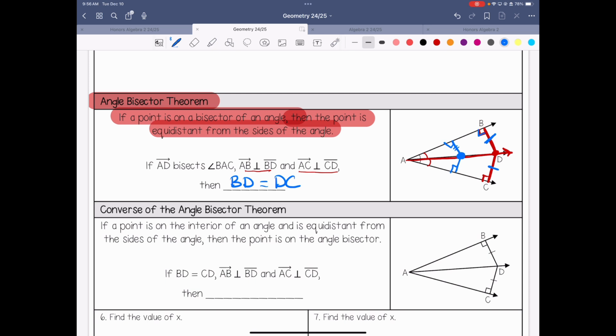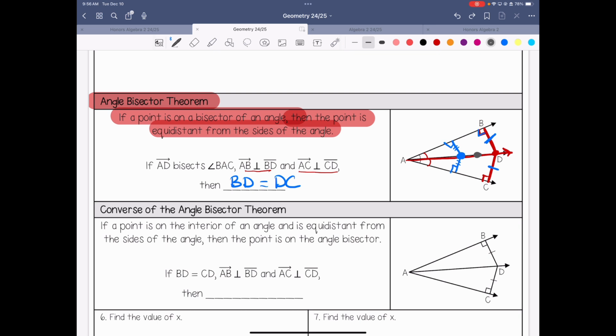Okay, then these two would be congruent to each other. If I put a third one here and I drew a line there, and this one's perpendicular and this one's not, they're not equal to each other. They have to be perpendicular to the side. If they're not perpendicular to the side, they're not congruent to each other.